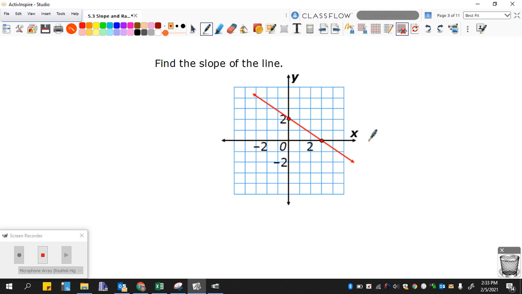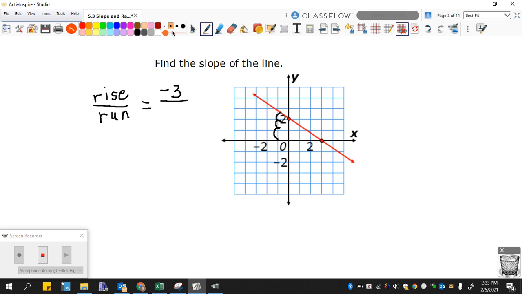Okay? Find the slope of this line. Well, we've already got 2 points that have been picked for us, right here and right here. So we're going to say rise over run. We're going to rise, and it's going to go 1, 2, 3, and we went down. So that's going to be -3.